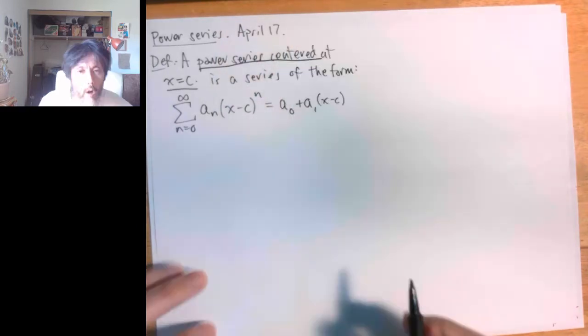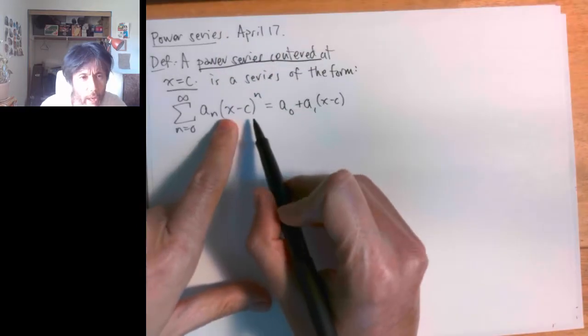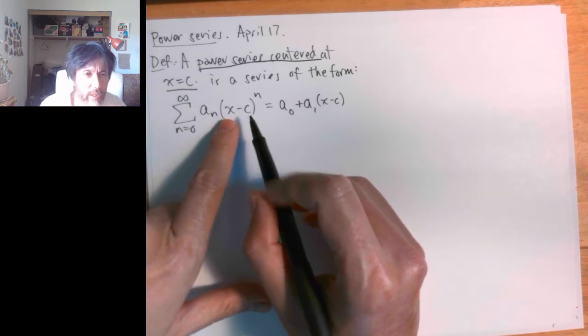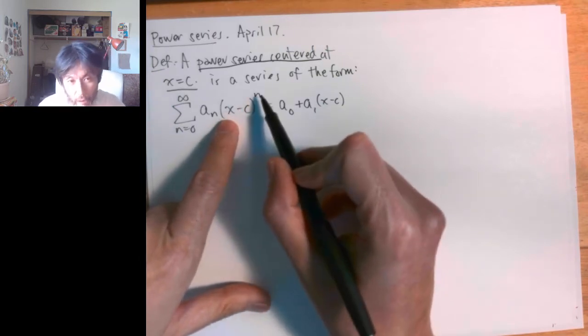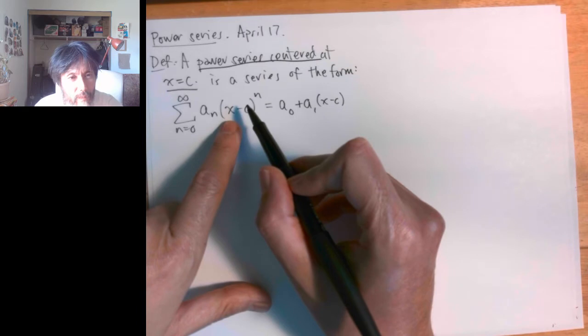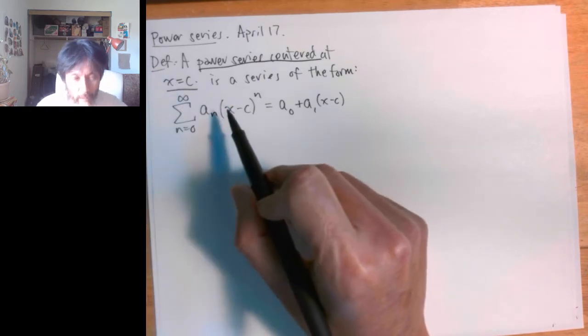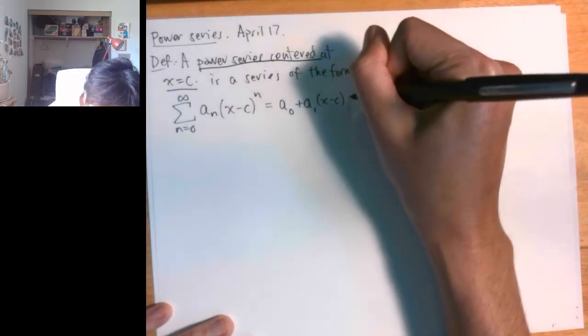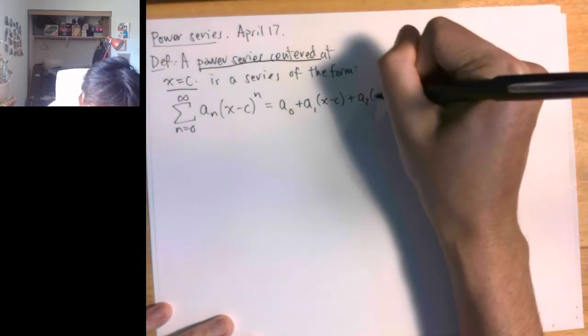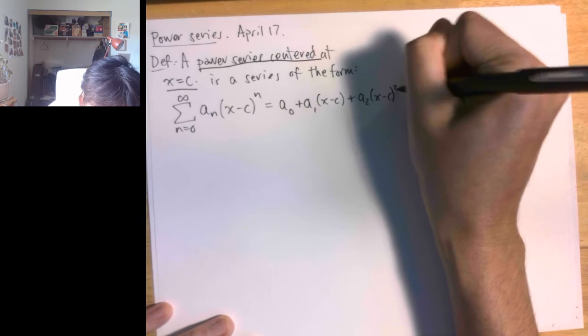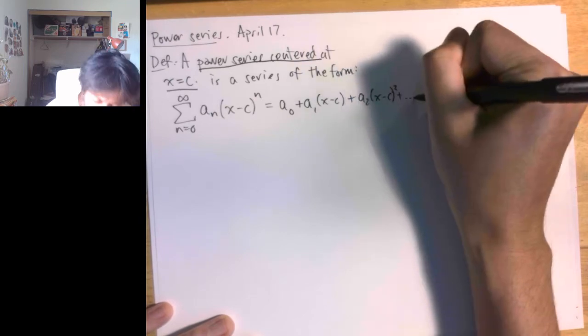Oh, by the way, in the context of power series, in the context of calculus, anything to the 0th power is 1, okay? Plus a sub 2 times x minus c squared, that's the next term, and dot, dot, dot, all right?